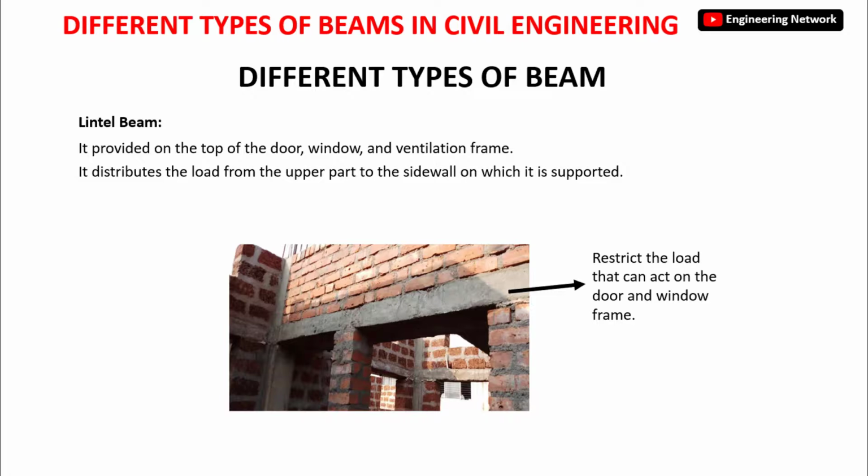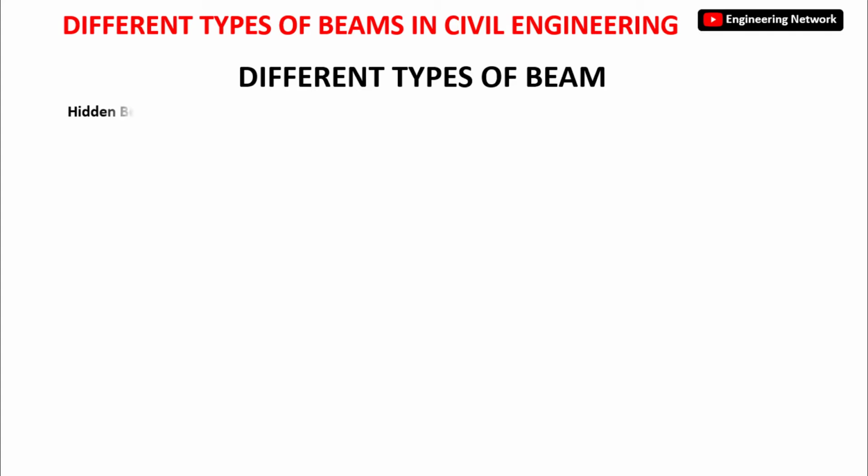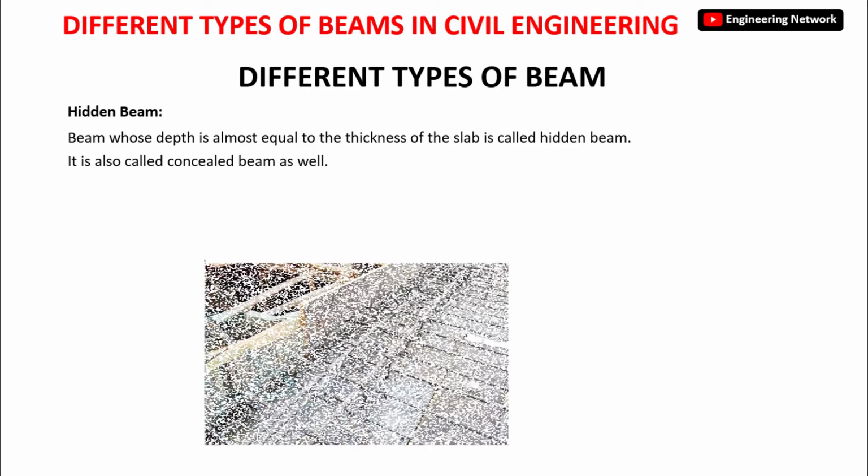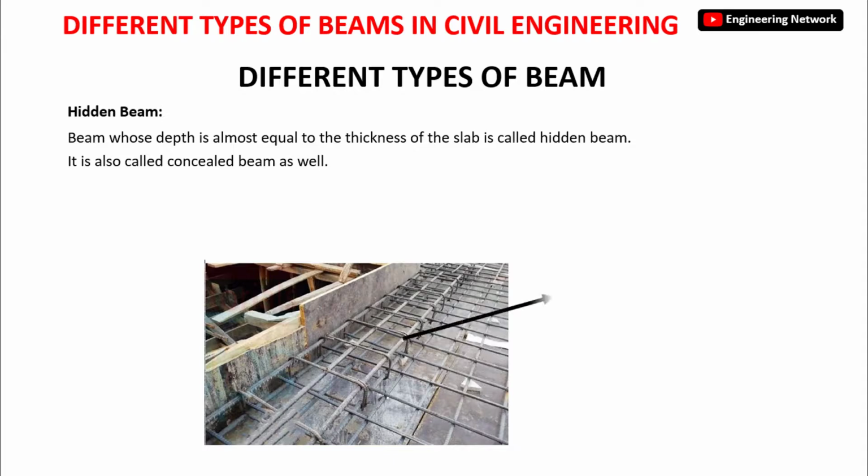Okay? Last but not the least is the hidden beam. Beam whose depth is almost equal to the thickness of the slab is called hidden beam. It is also called concealed beam as well. Now if you look at the picture of the hidden beam on your screen, its depth is almost the same as the slab, right?